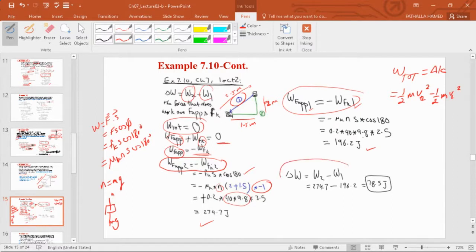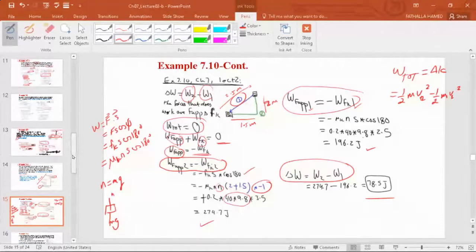So the difference in work between the two paths will be 274.7 minus 196.2, which gives you 78.5 joules. So that's how much extra work you have to do in order to bypass moving the heavy coffee table.